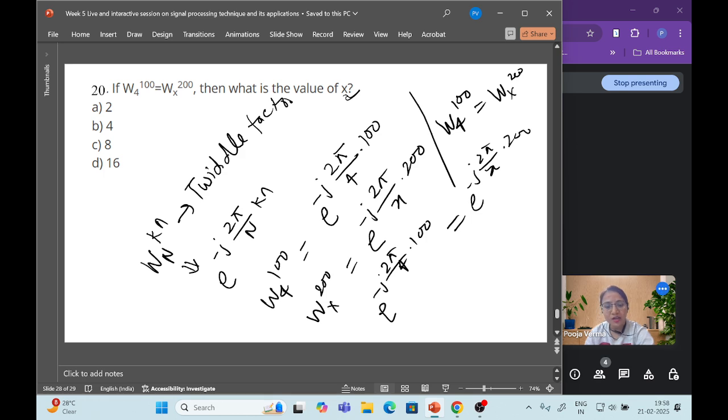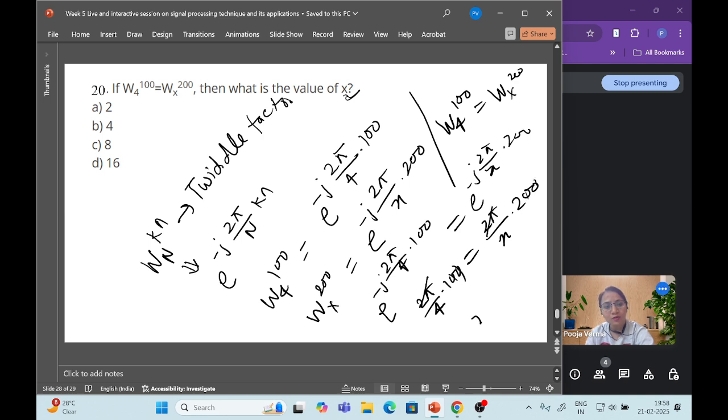So the exponents are the same, then the equality condition will hold. If you further simplify, things will be cancelled out. So 2 pi by 4 into 100 equals 2 pi by x into 200, right? This 2 pi will be cancelled out, and the two zeros will cancel out.